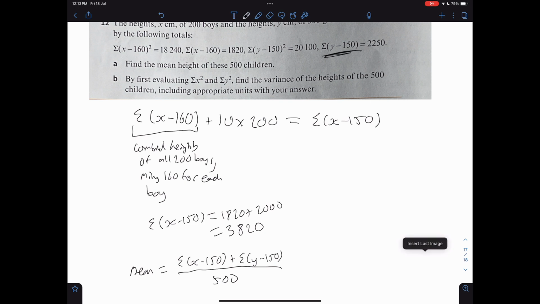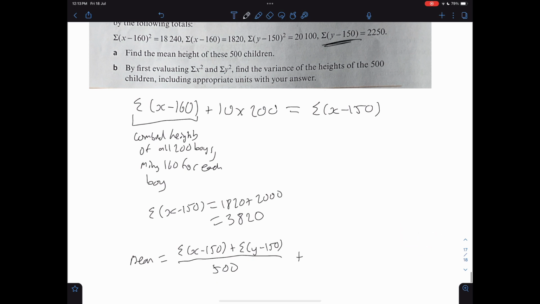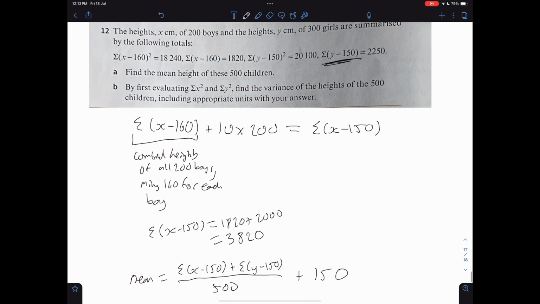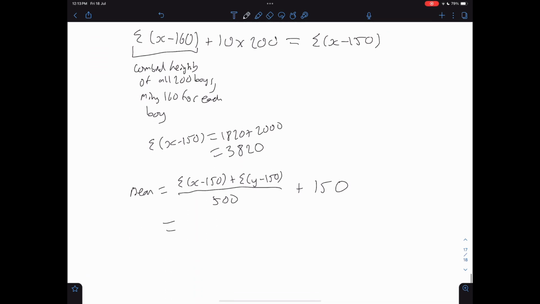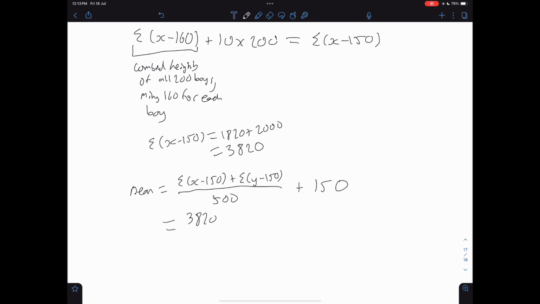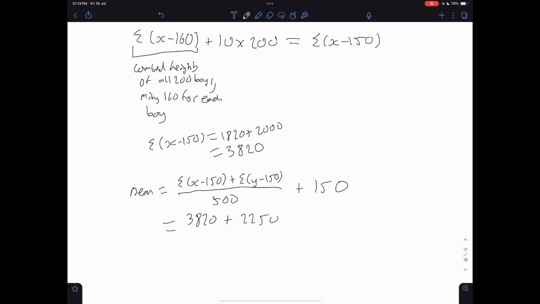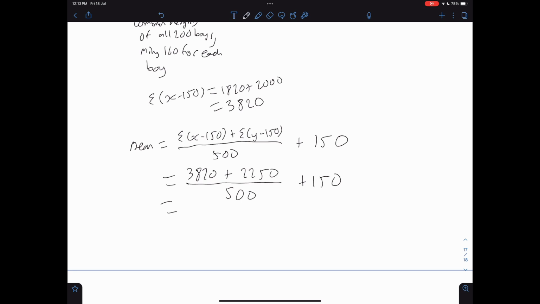And then we're going to have to add 150. This will be equal to (3820 + 2250) divided by 500, plus 150. That's going to be equal to 162.14 cm.